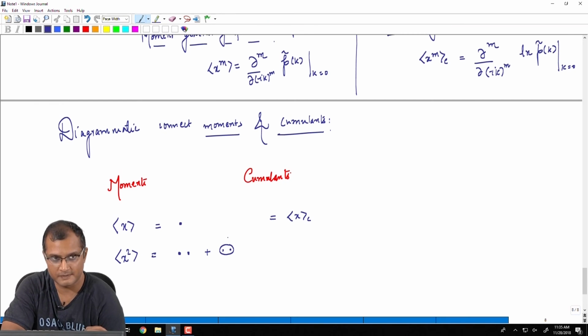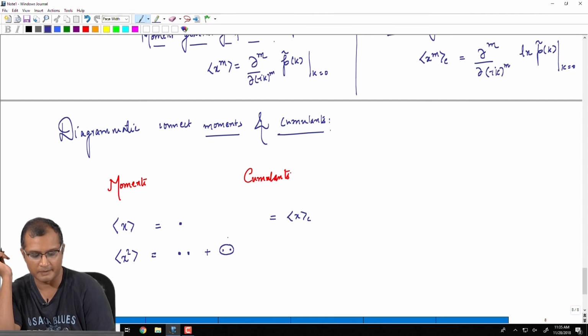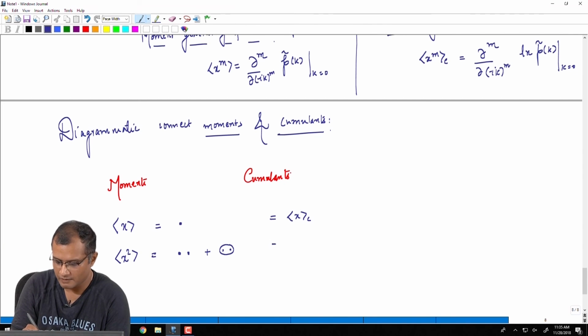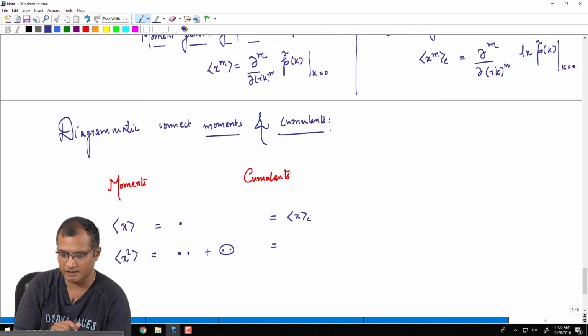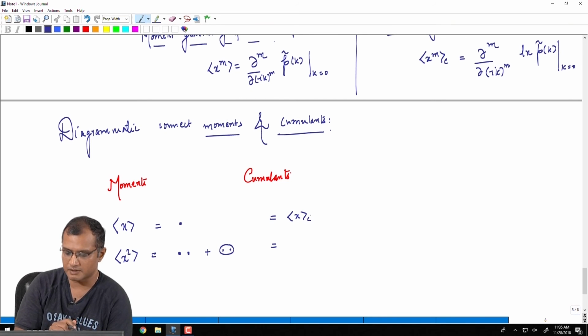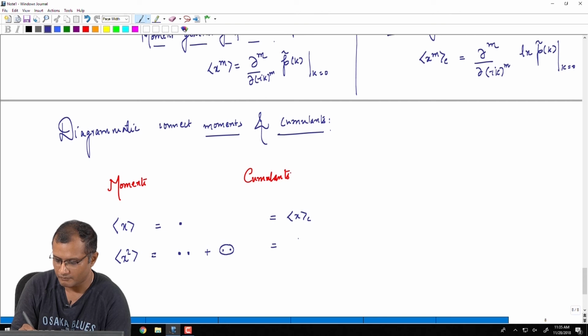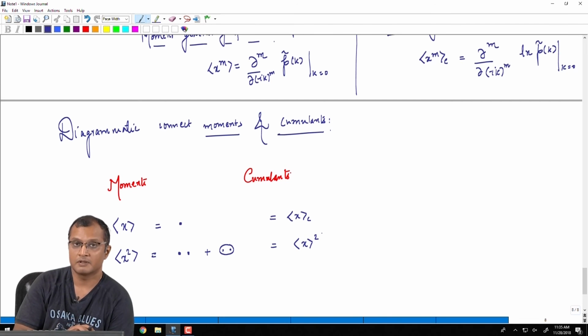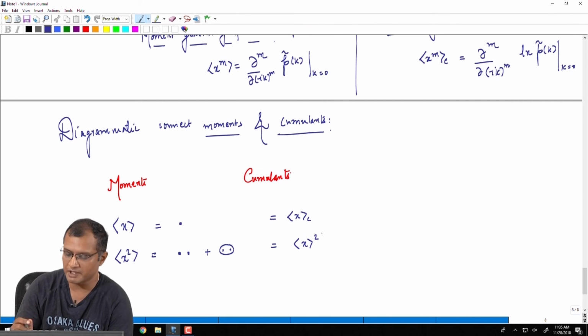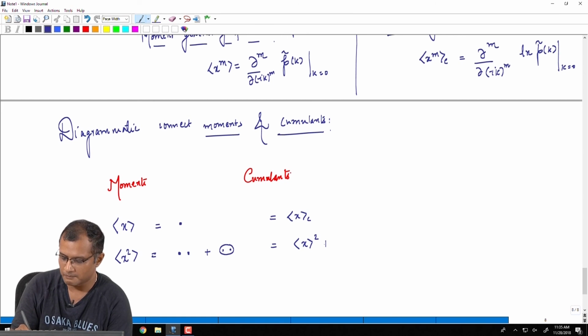There are only 2 ways, okay, leave them disconnected or connect them. So, this is the interpretation. If you leave them disconnected, this is nothing but the first moment, but it is squared. How many dots you have? This is basically 2 plus the connected dots are the second cumulant.